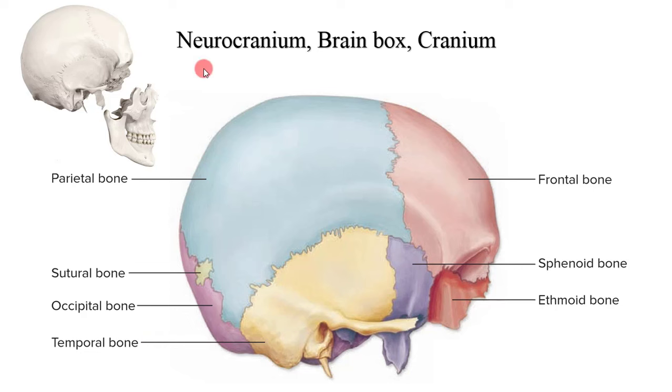Let's first look at the structure of the brain case or neurocranium. This part of the skull is composed of 8 bones: the frontal bone, the ethmoid bone, the sphenoid bone, 2 parietal bones, 2 temporal bones, and 1 occipital bone.